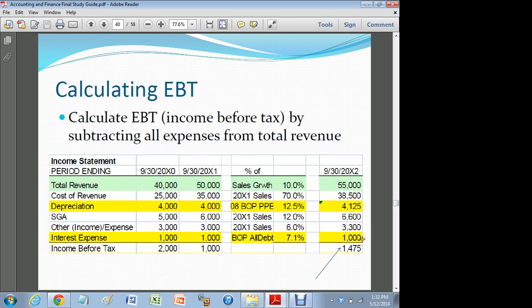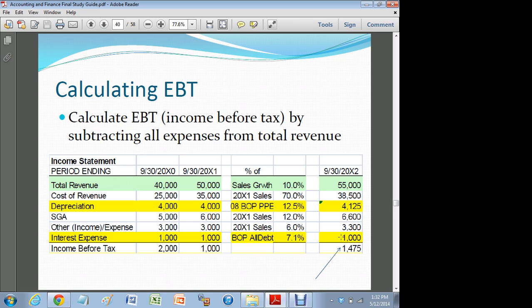So now we have all this, we can get a subtotal for the income before tax, because you need the income before tax to get the tax expense. And once you have the tax expense, you can find the net income. So income before tax, or earnings before tax, EBT, to get to this number, you need to have everything upstream of it, which once we get depreciation and interest expense, we are able to do that.